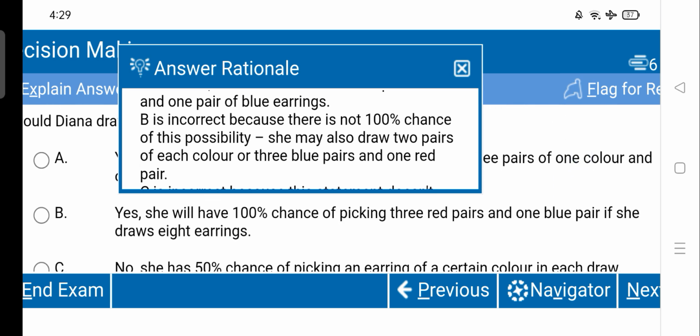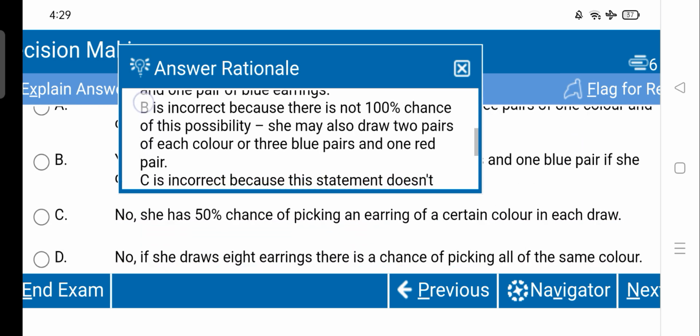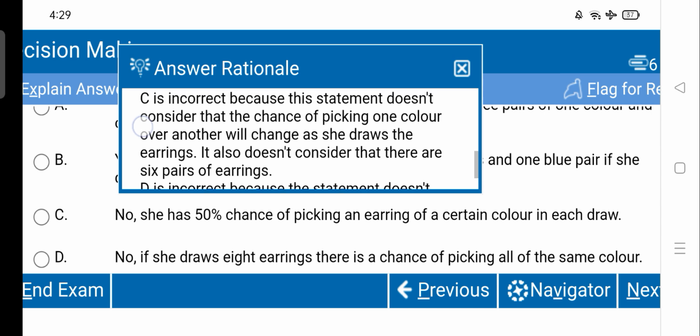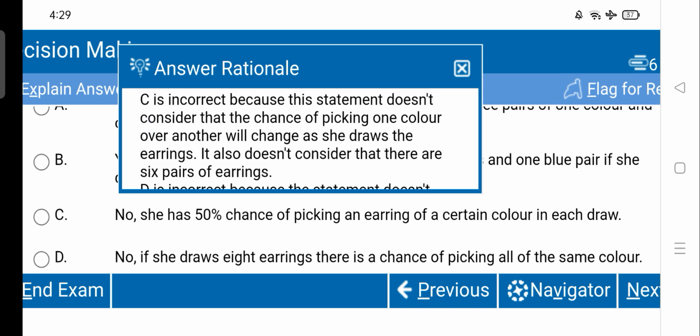B is incorrect because there is not 100% chance of this possibility. She may also draw 2 pairs of each color or 3 blue pairs and 1 red pair. Option C is incorrect because this statement doesn't consider that the chance of picking one color over another will change as she draws the earrings.